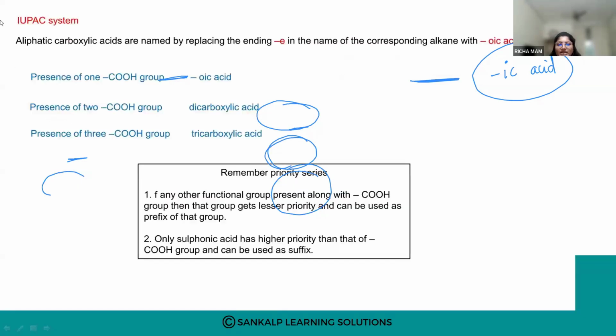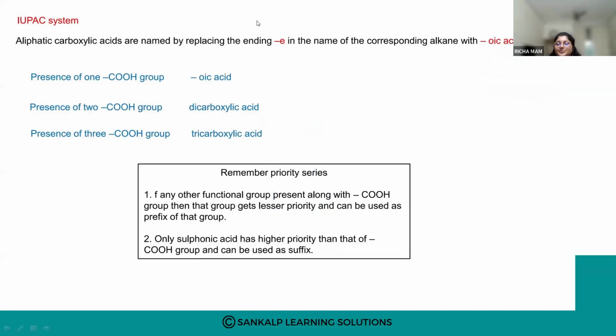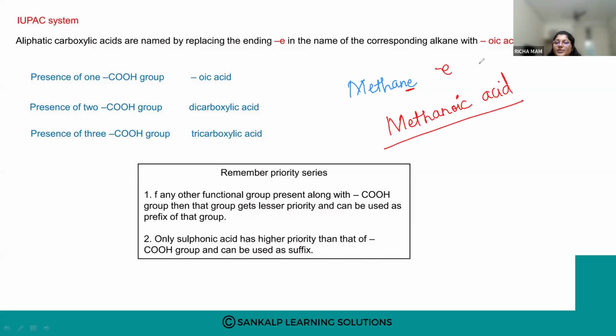Now we will see the IUPAC nomenclature. That was about the common name system. In IUPAC, aliphatic carboxylic acids are named by replacing the ending E of the alkane. Suppose it is methane; I replace the E with oic acid, so it becomes methanoic acid. The presence of one carboxylic group is oic acid.